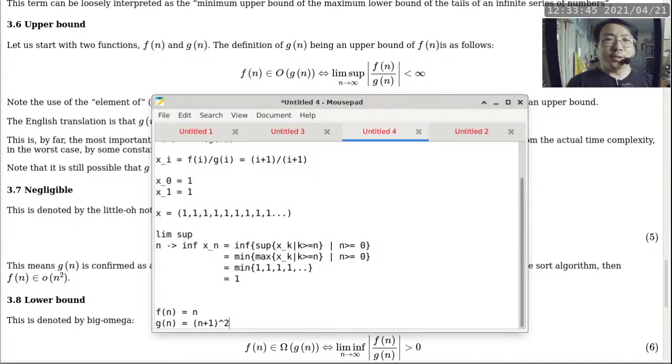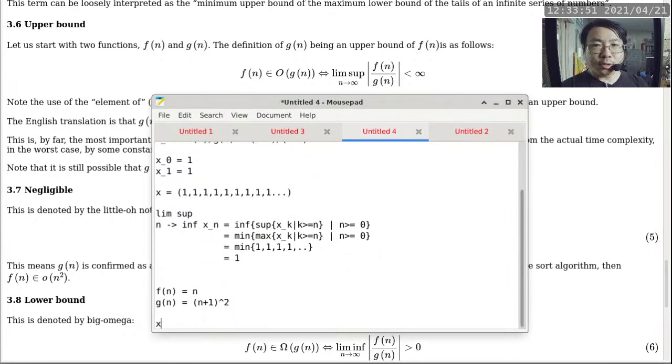Now we look at this and go, this time is going to be a little bit different, right? So we look at the sequence x subscript I, which is now going to be defined as the absolute value. The absolute value is not important because both f of n and g of n are guaranteed to be non-negative when n itself is non-negative. So we don't have to worry about taking the absolute value. We just go ahead and do the division.